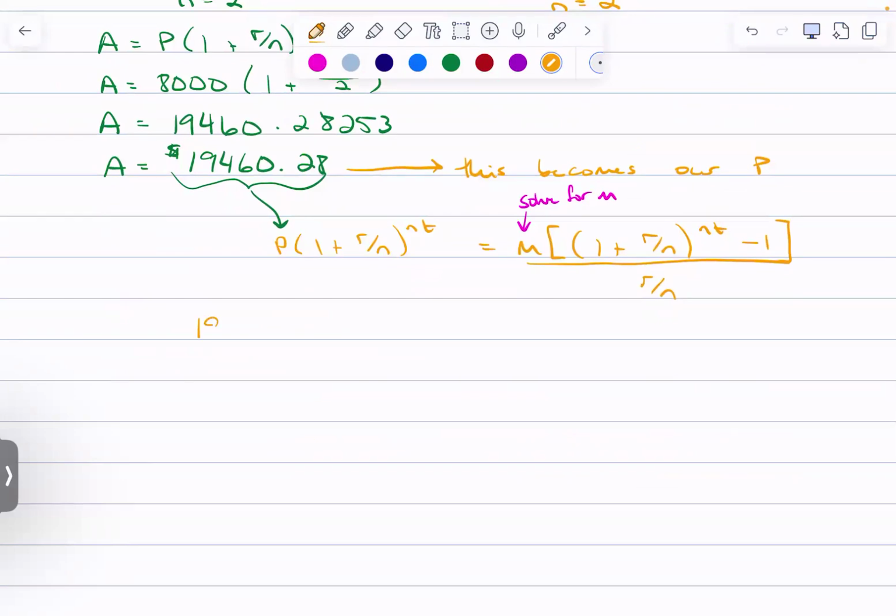Let's see. Making sure you switch your T to 4 years, right?